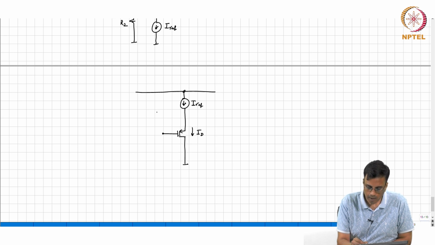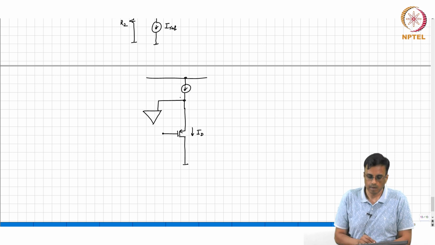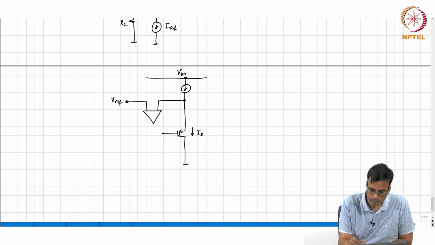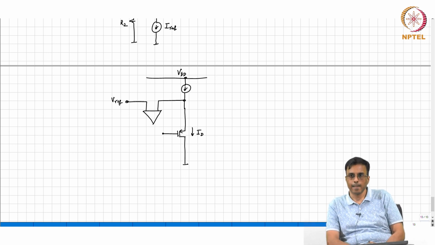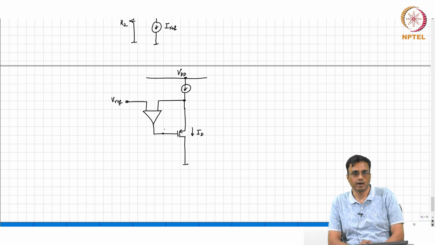You compare it to the constant and go and kick the gate voltage in the right direction.